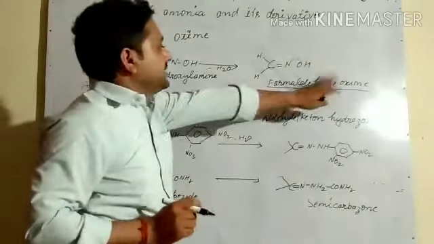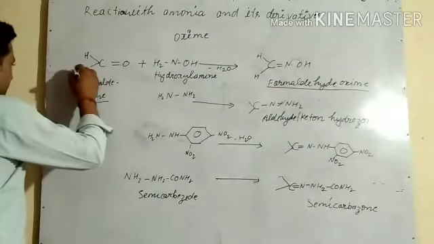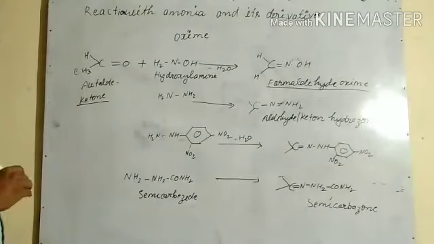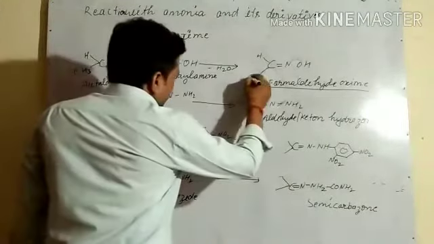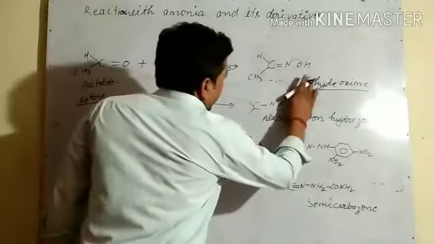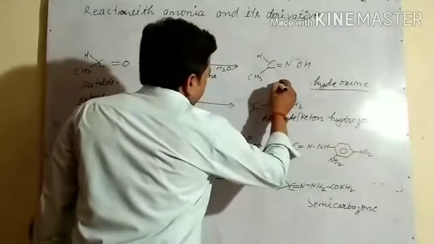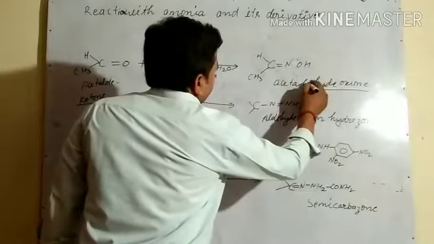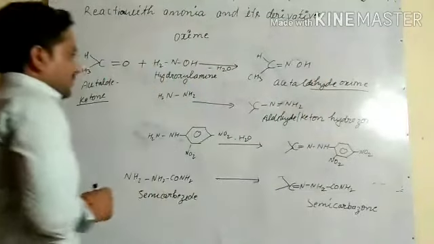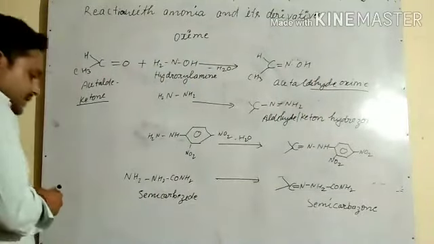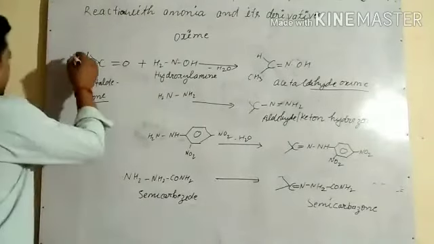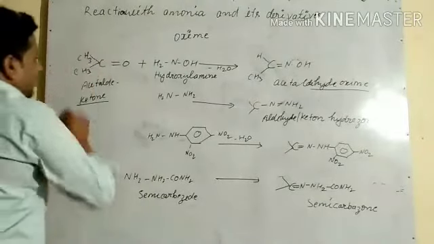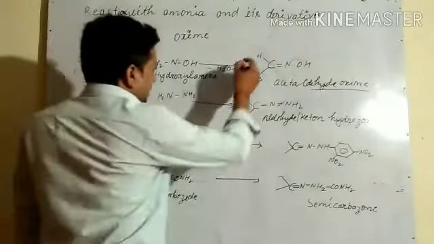If we have taken acetaldehyde here like this, it will be acetaldehyde oxime. Like this we will get the reaction. If we have taken a ketone here, what will the product be? Ketone oxime.